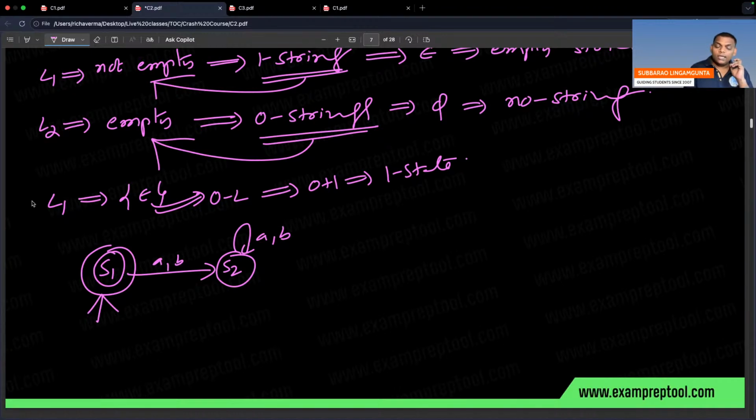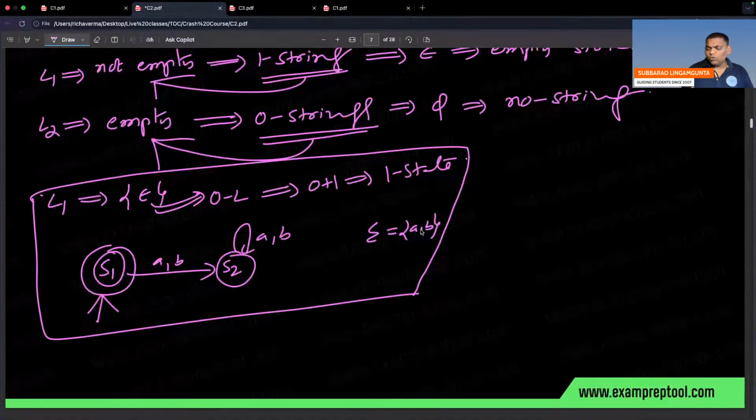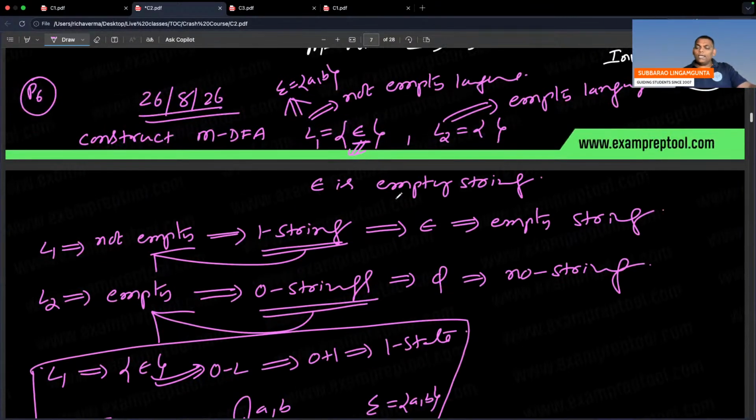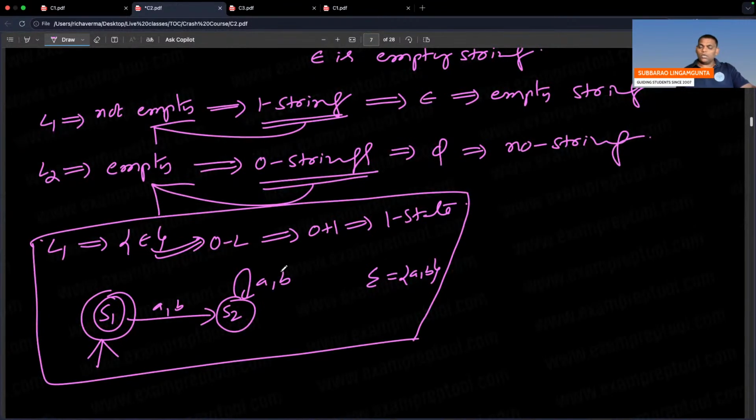If the problem mentions the alphabet is {a, b}, then this is it. If no alphabet is given, you need not write a, b; simply one state is enough. So if someone says L1 has alphabet {a, b}, L1 is the empty string, not the empty language. This is the automaton for this.